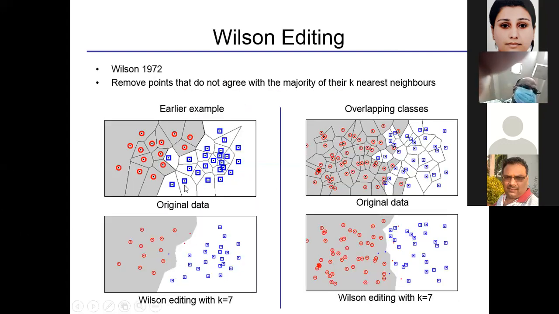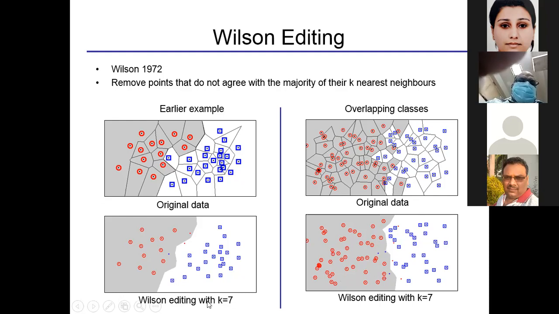This is the previous example, where the two classes can be easily separated from each other. So Wilson editing can be used to separate this. First the Voronoi diagram is used, which divides your data points into cells. And after the editing, we can have decision boundaries.